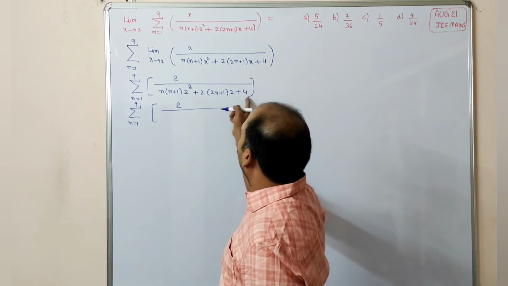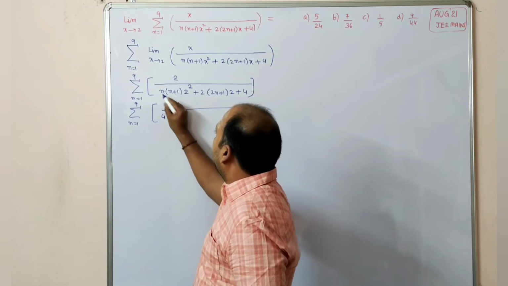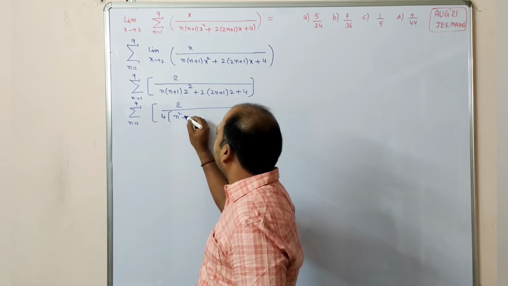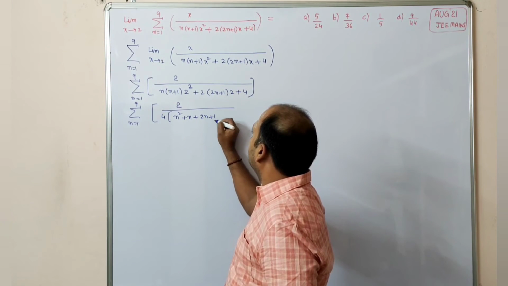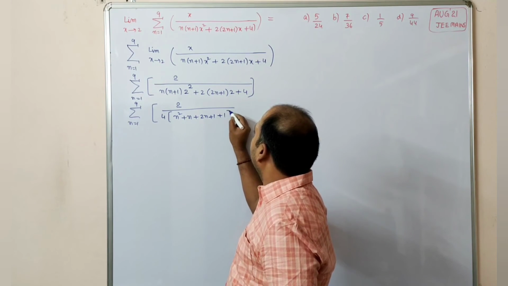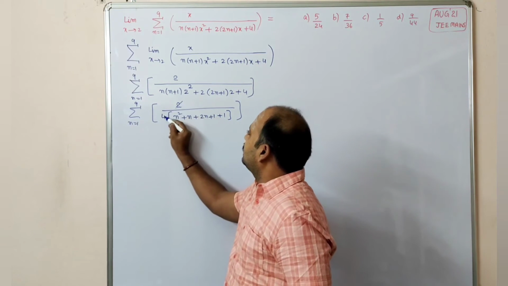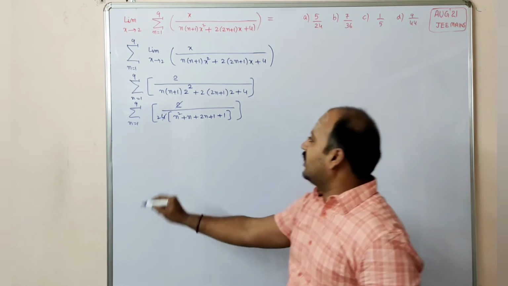So 2 to the 4 here, 4 take out common. n into n plus 1 is n square plus n, plus 2n plus 1 plus 1. So the 2s cancel. 1 by 2 we can take outside.